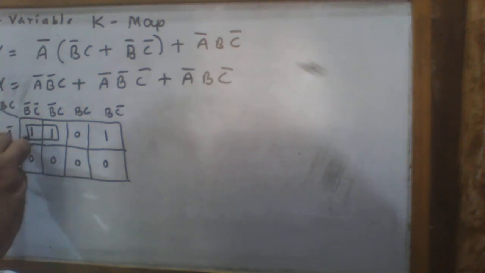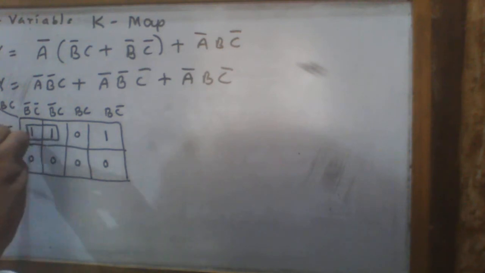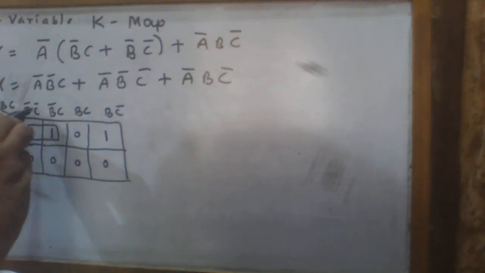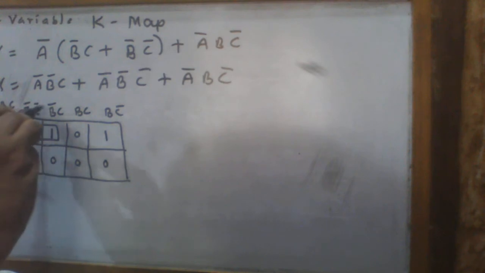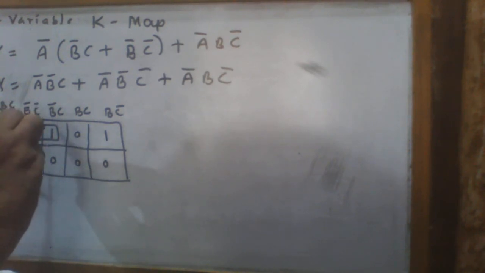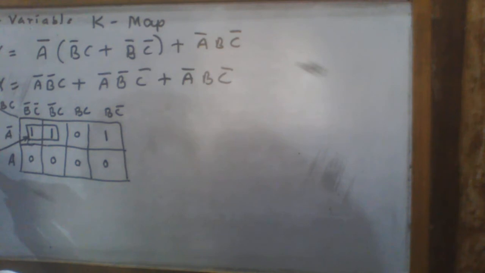What is the common term for both of these ones? A bar is common. And from the vertical side, what is common? Here it is B bar C bar and B bar C. C bar and C get cancelled. Therefore only B bar remains. A bar B bar is the first term.